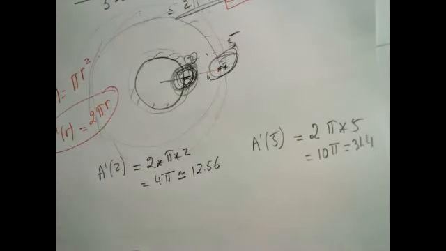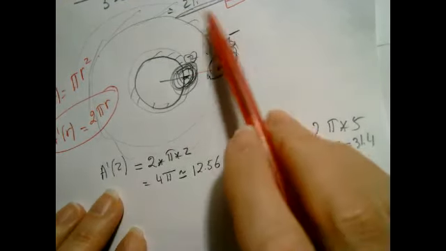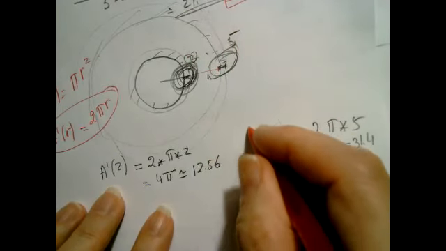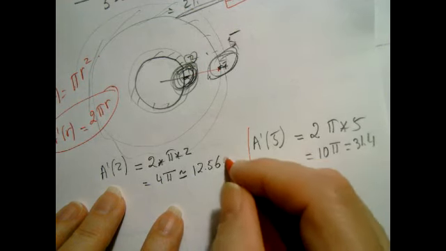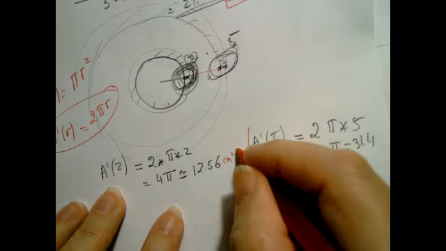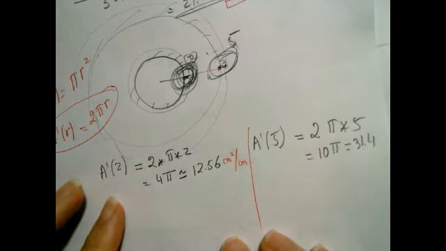Okay, now what's the unit? The unit of the derivative is the same as the unit of the average rate, because the derivative is nothing more than the limit of the average rate. The unit is the unit of the output, which is centimeter square, per unit of input, which is centimeter.